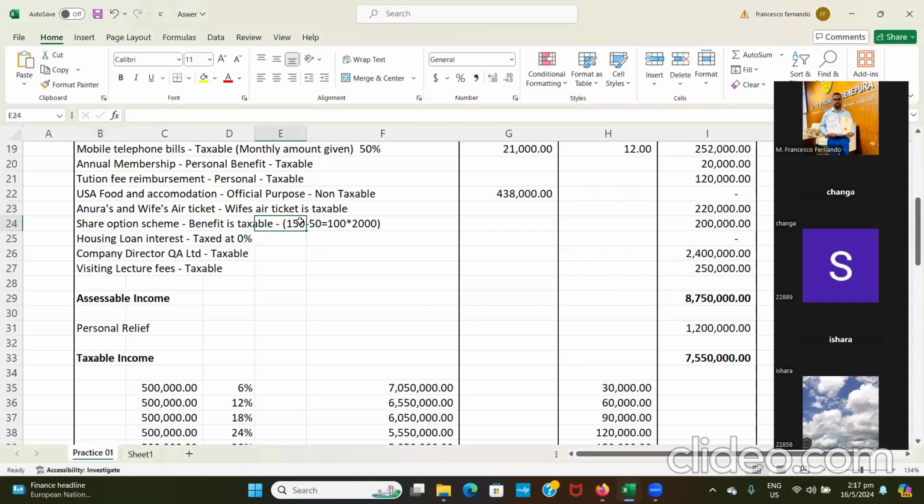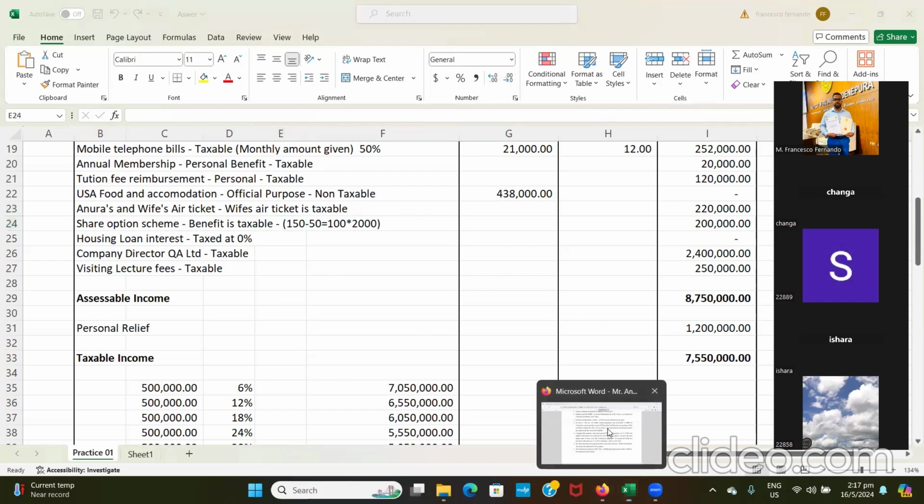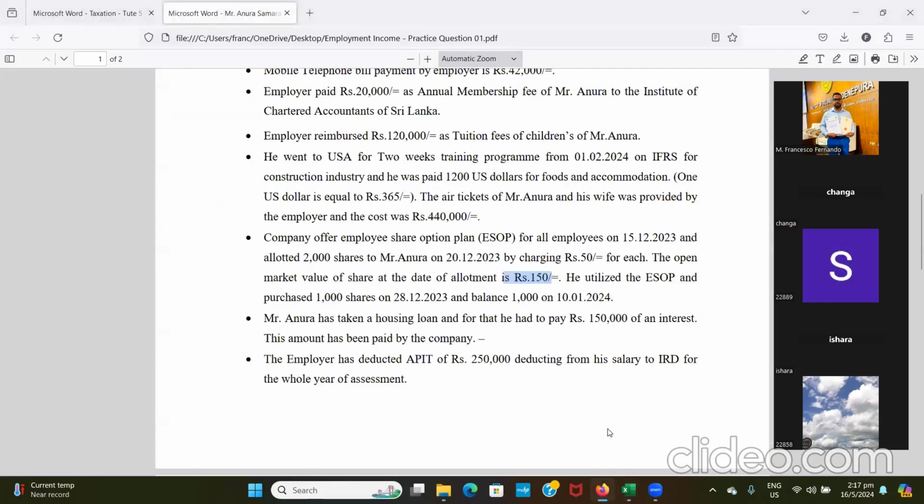So here, the benefit only is taxable. You must understand that. From 150 and 50, the benefit is how much? The benefit is 100, and he has purchased shares 2 times, 1000 shares on 28/12 and on 10th January.